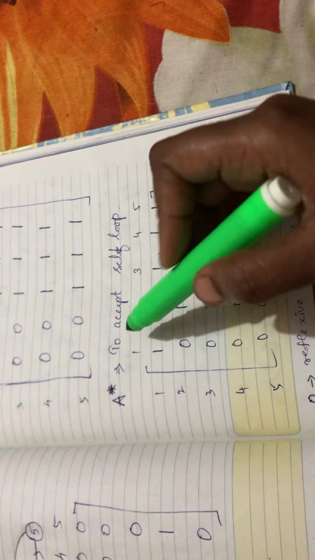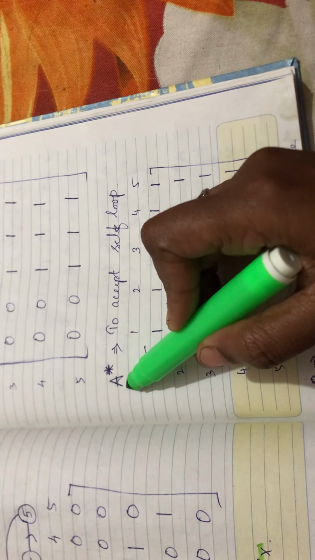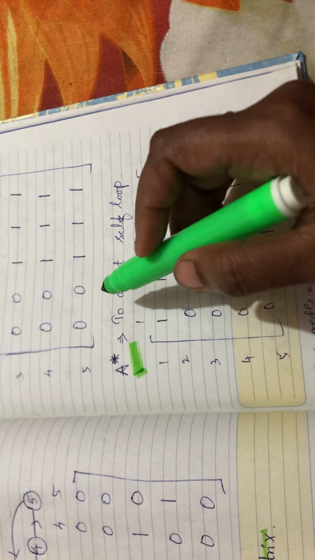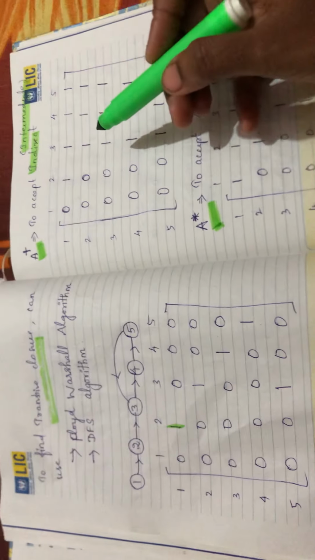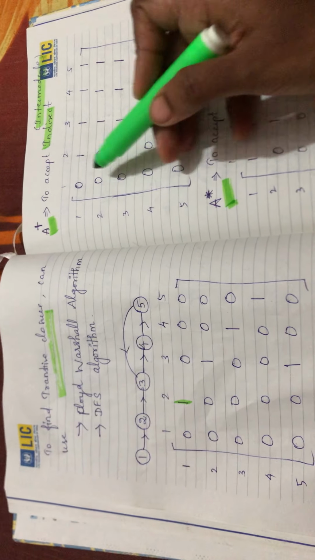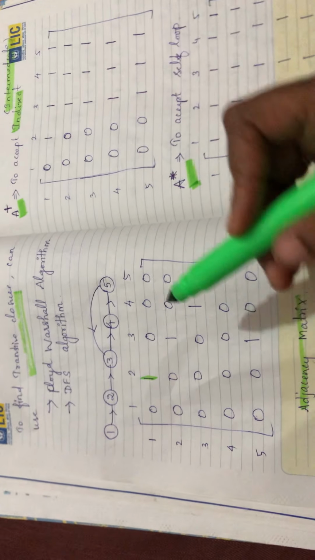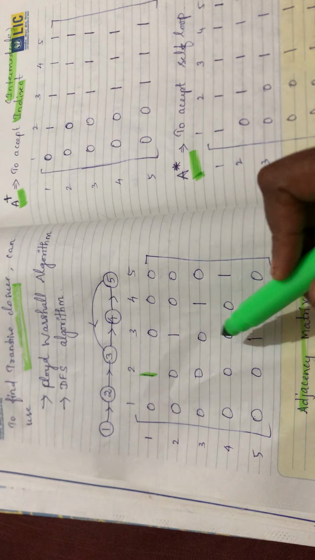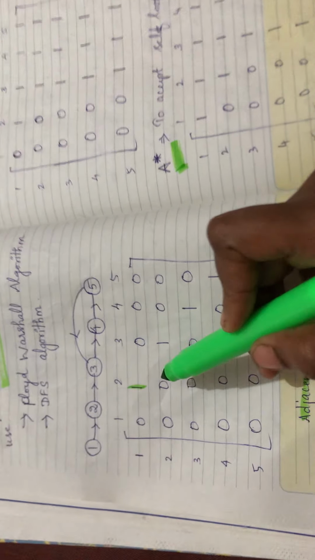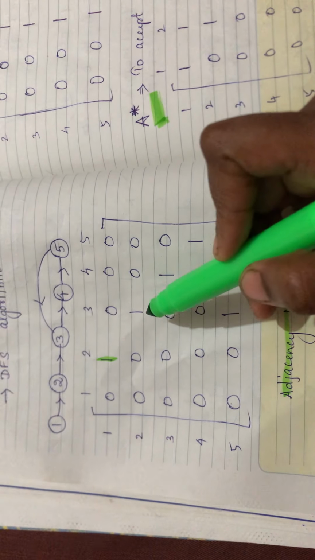Next one is A asterisk. A asterisk represents the transitive closure. In the adjacency matrix, only direct paths are applicable, so we put 1 only there.